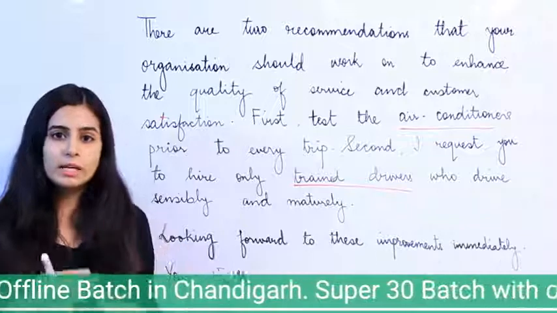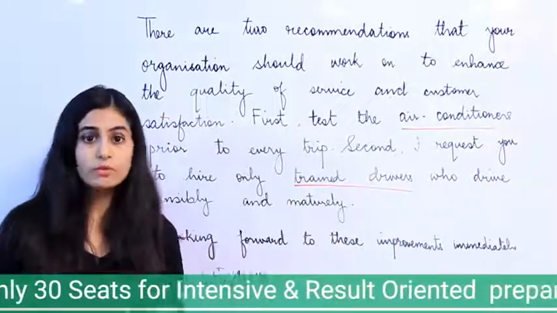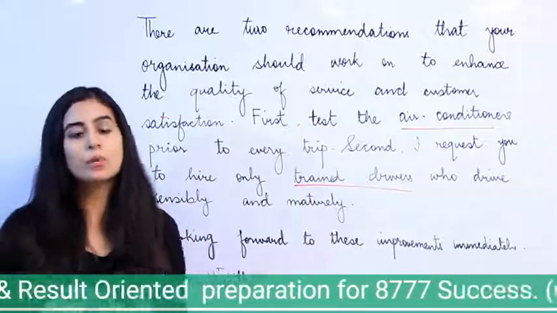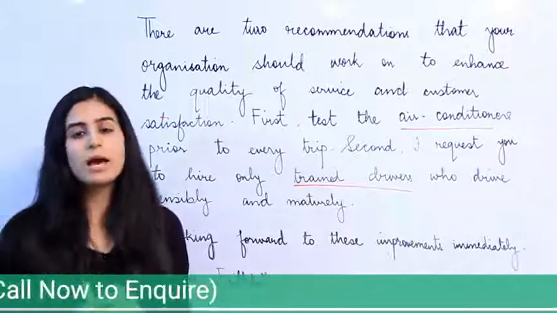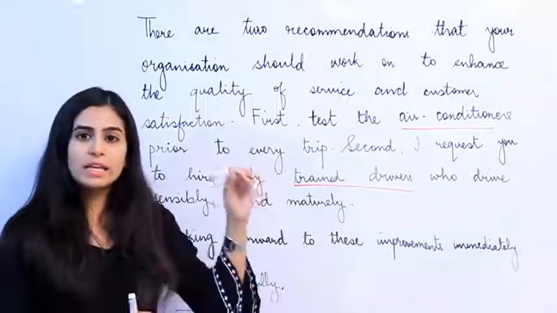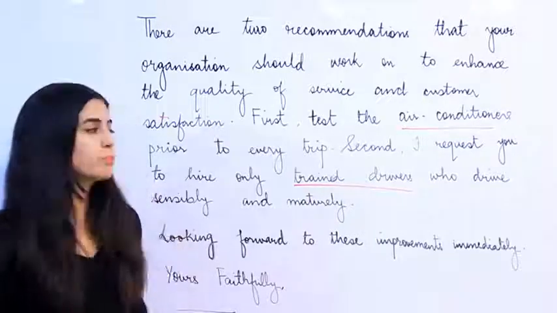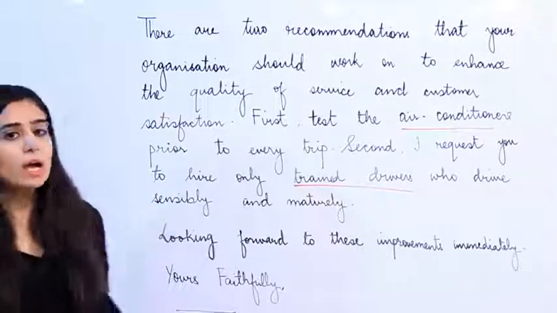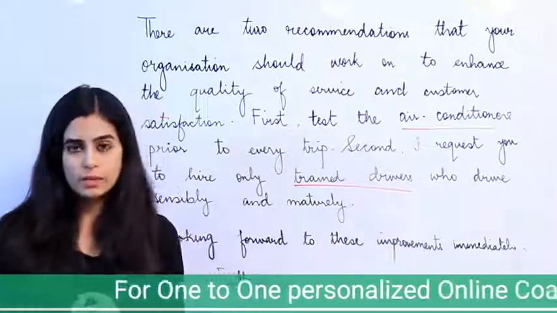Now let's take a recap of what task achievement consists of, the 4 factors. By now I hope you remember each one of them by heart, and let's see whether we have sufficed each of those 4 factors in our formal letter. So first of all, we have maintained the tone of the formal letter.